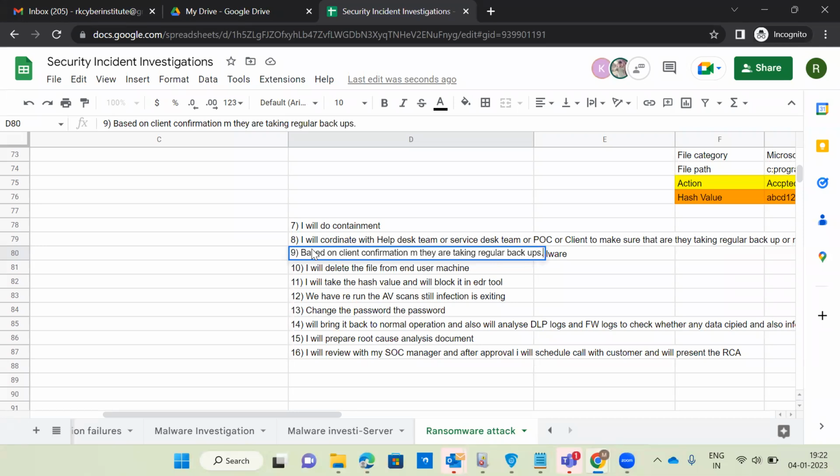So now with the help of the Windows team or help desk team, we formatted the entire system within the 4 hours of SLA, whatever we have.